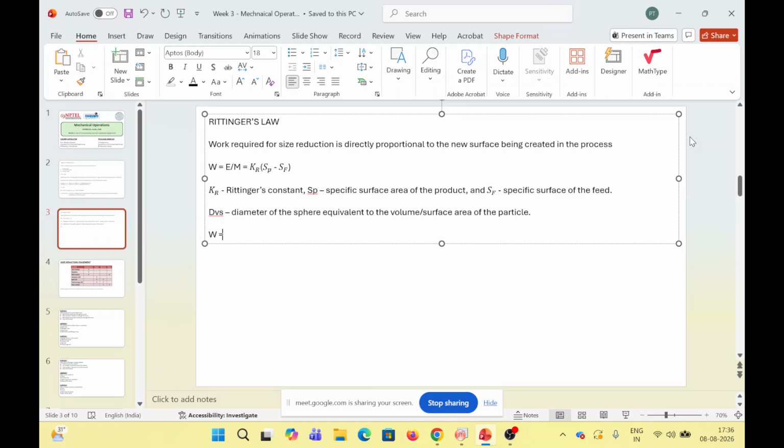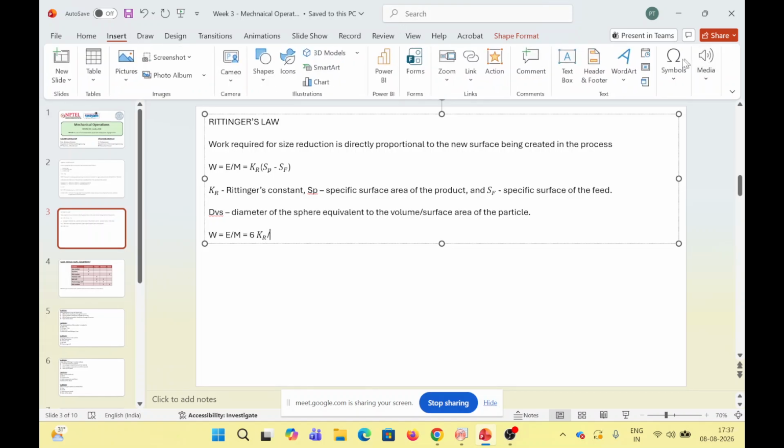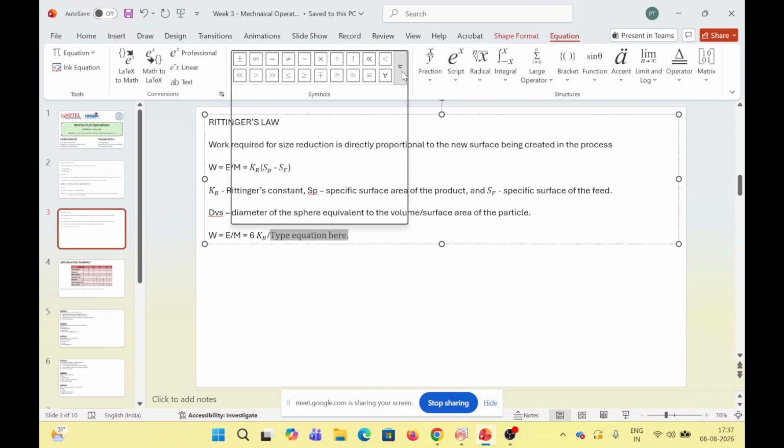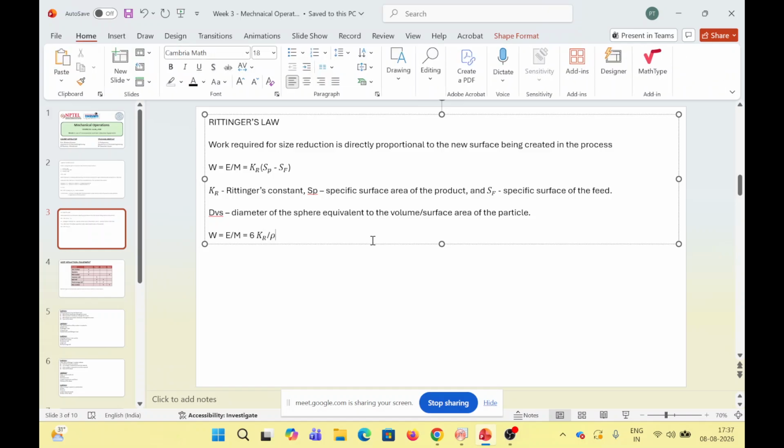If we express that, then the equation will be converted to this form: 6 K_R by rho times (1 by d_vs of p minus 1 by d_vs of f).